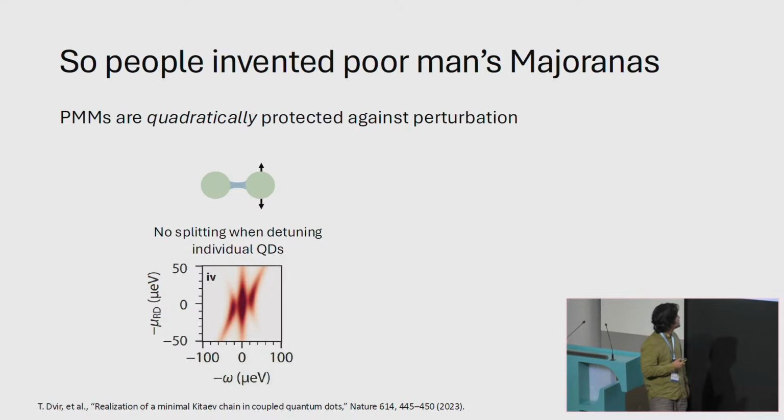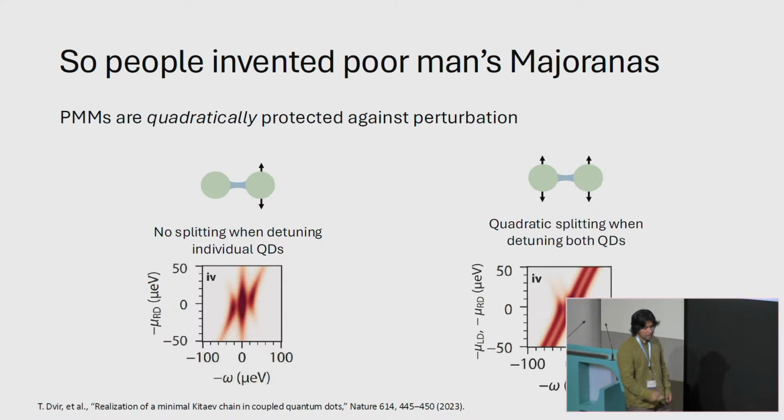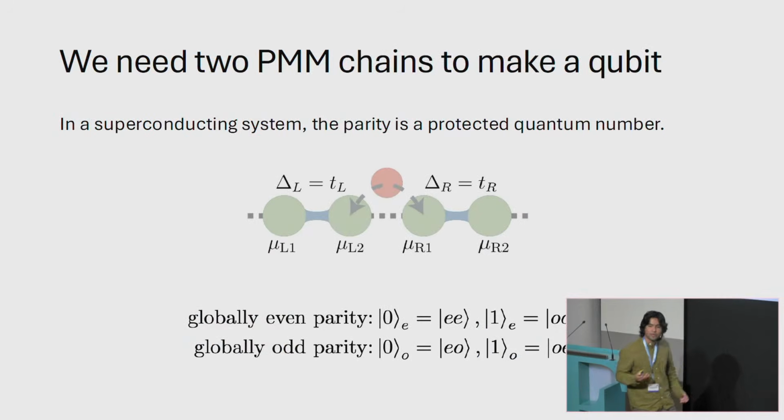And the way that we see that is by detuning, in this case, the right dot, and seeing that the zero bias peak, which is the signal of Majoranas, remains. In the same way, this protection is broken if we change the 2 quantum dots simultaneously. If we globally perturb the system, we transform this essentially into a charge qubit, which, as we know, is pretty bad. Anyway, now that we have this building block, we need to remember that this is just one fermion.